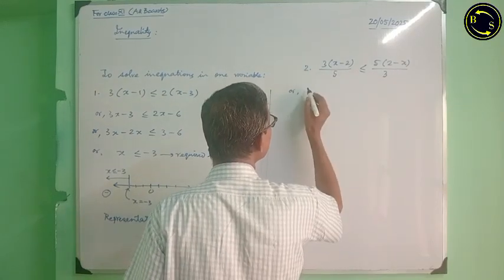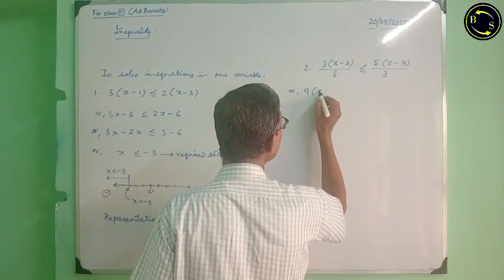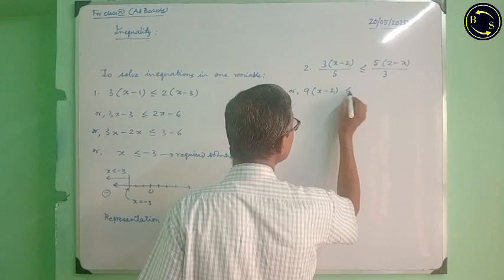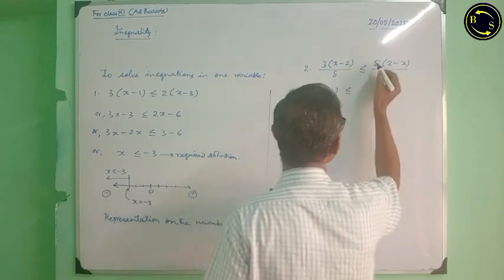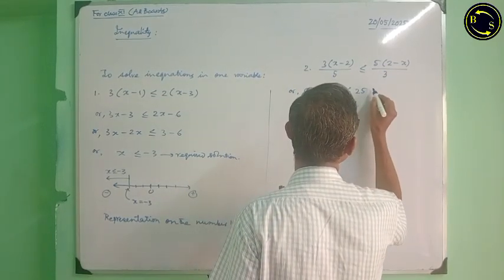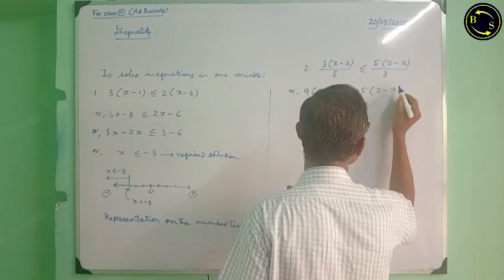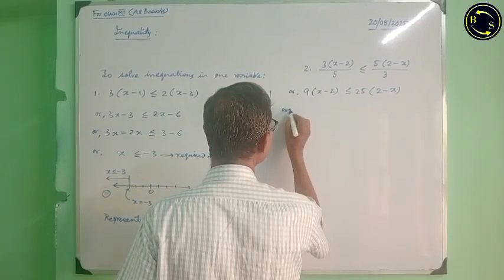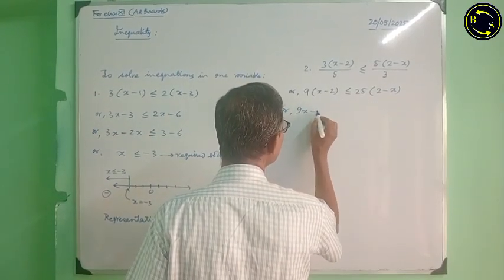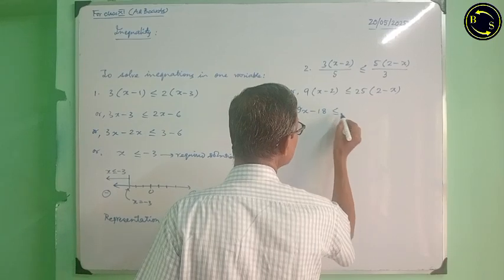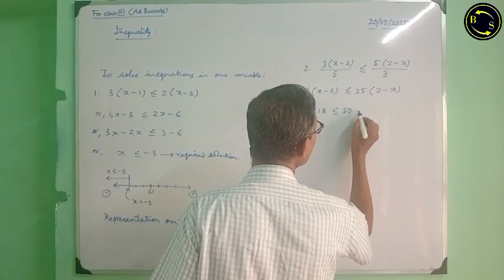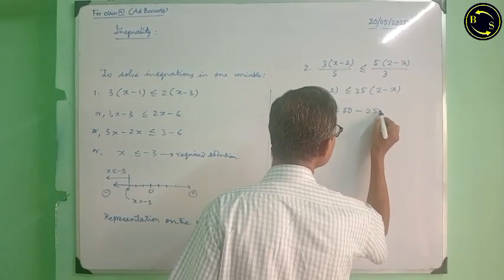Then 9 into x minus 2 is less than or equal to 5 into this one, 25 minus x, or 9x minus 18 less than or equal to 15 minus 25x.